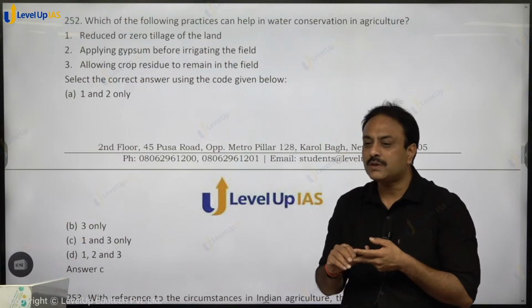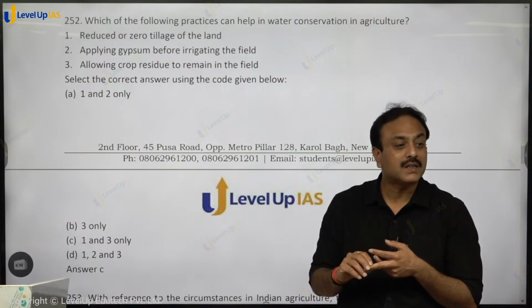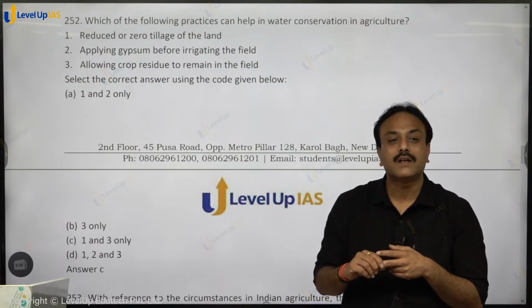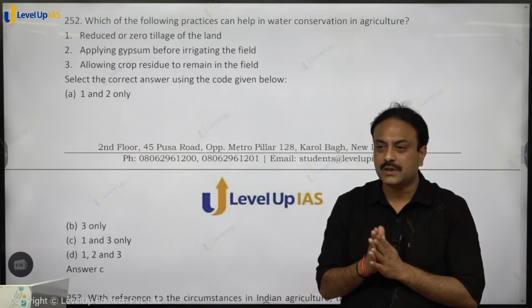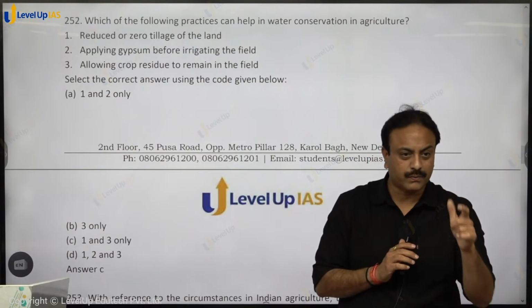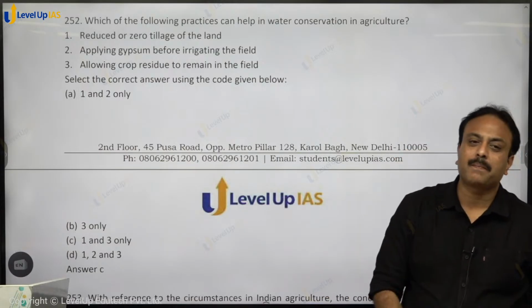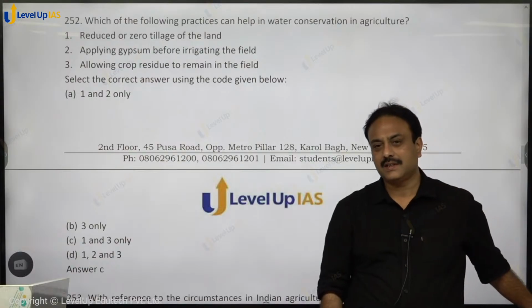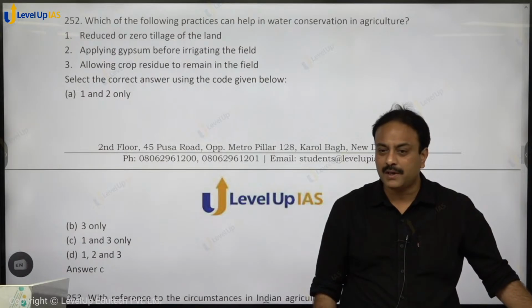Gypsum. Gypsum का use? Plaster. Salinization को fight करने के लिए gypsum is used. Then it makes the soil soft. What else? What are the uses of gypsum? Daily life. Plaster of Paris, POP, that is gypsum only, right?